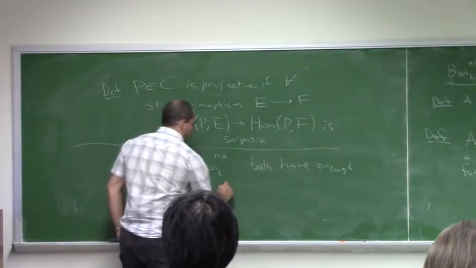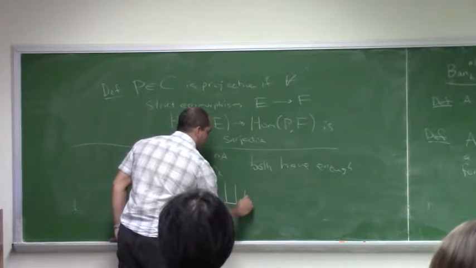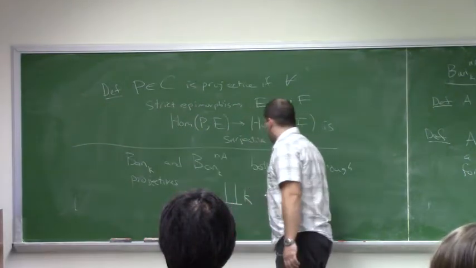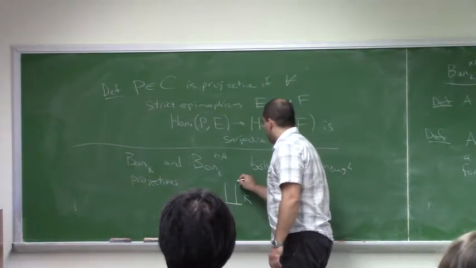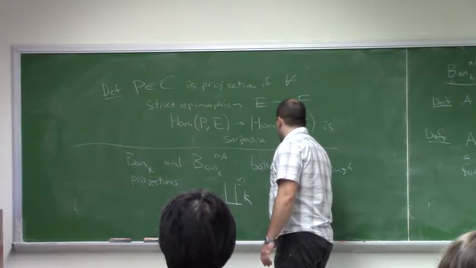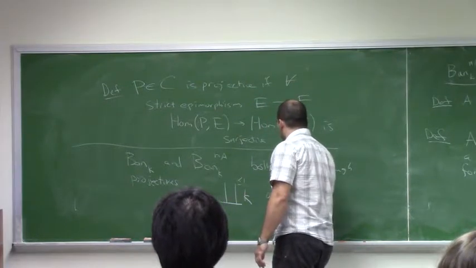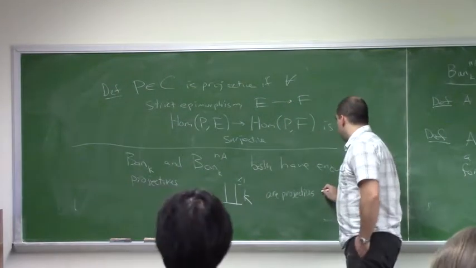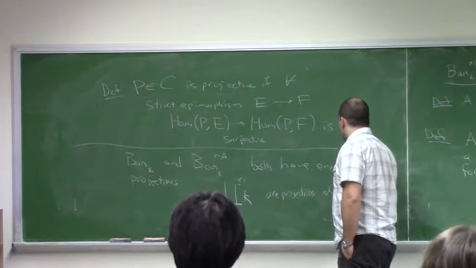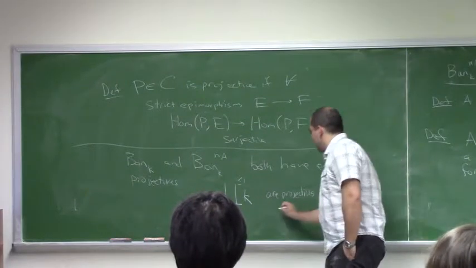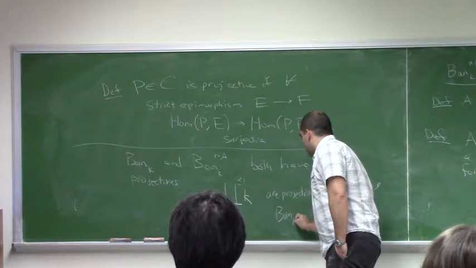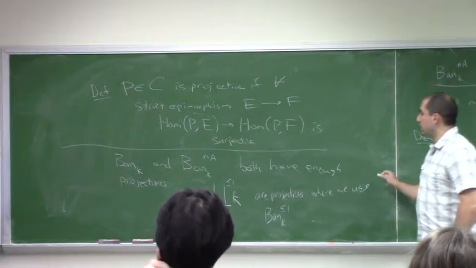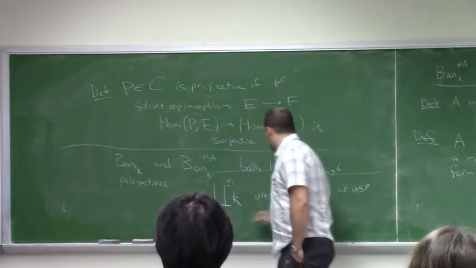So these projectives are basically coproducts of K, but these categories don't have coproducts, but their closely related category does. So the Tate algebras with norm less than or equal to 1 are projectives. These are good examples of projectives. They're also flat, where we use this contracting category. So this means that not only do the morphisms have to be bounded, but they have to be of norm less than or equal to 1.